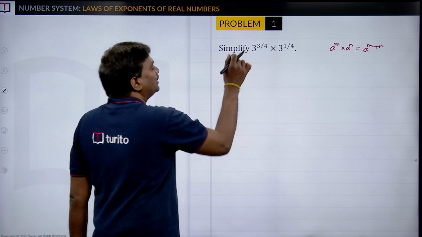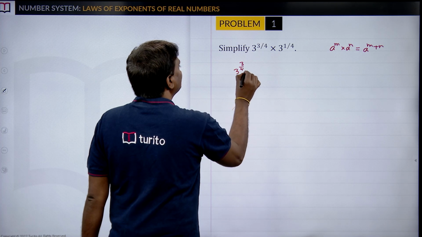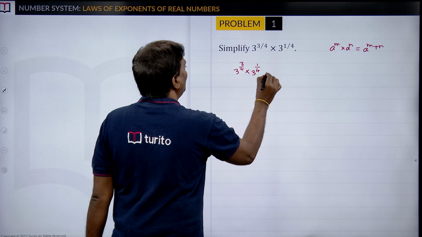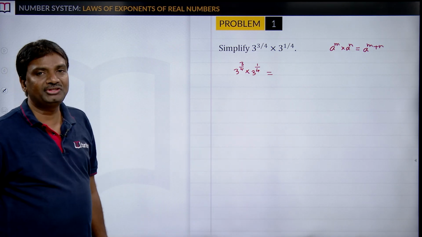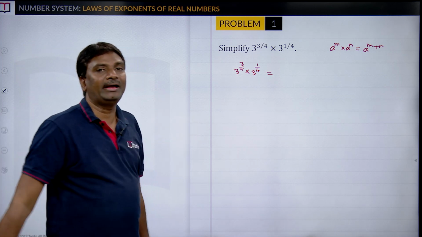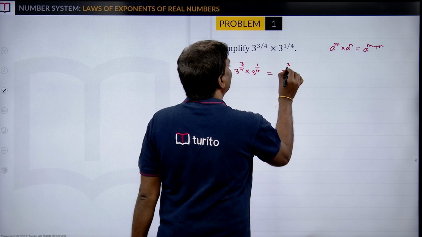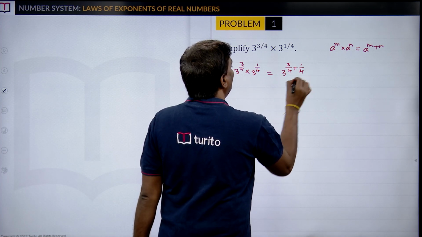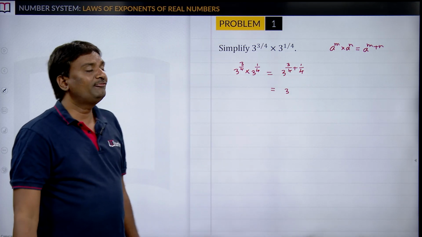According to that formula, we can write 3 power 3 by 4 into 3 power 1 by 4 equals 3 power (3 by 4 plus 1 by 4), where the base is 3 and the powers are 3 by 4 and 1 by 4.